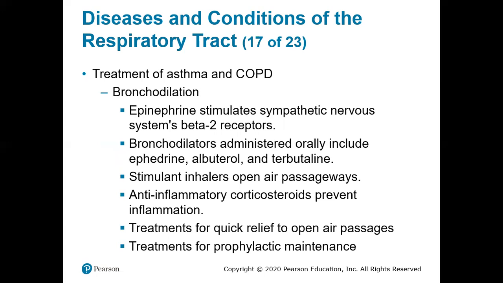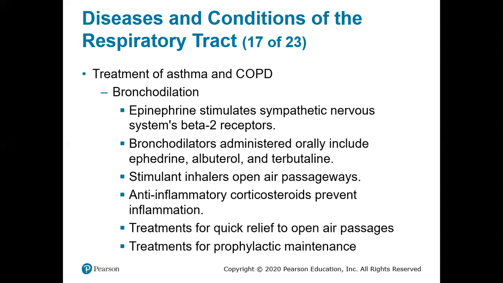The treatment of asthma and COPD. Bronchodilation. Epinephrine stimulates sympathetic nervous system's beta-2 receptors. Bronchodilators administered orally include ephedrine, albuterol, and terbutaline. Stimulant inhalers open air passageways. Anti-inflammatory corticosteroids prevent inflammation.